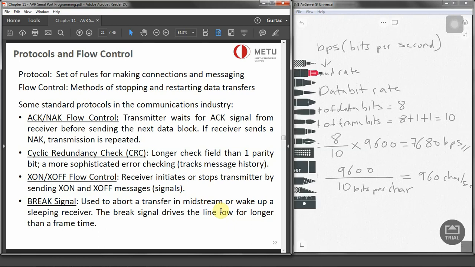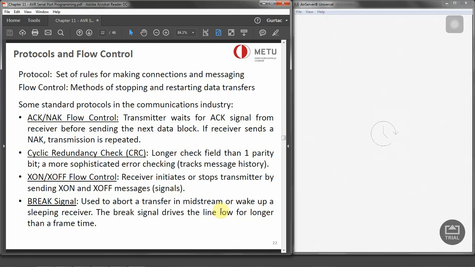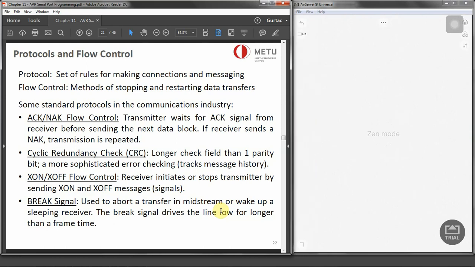Now I'm just going to show you how we can make a connection, the null modem connection, between the DB9 pin and the MAX232 and the Atmega itself. So let's say we have our Atmega microcontroller on one side.